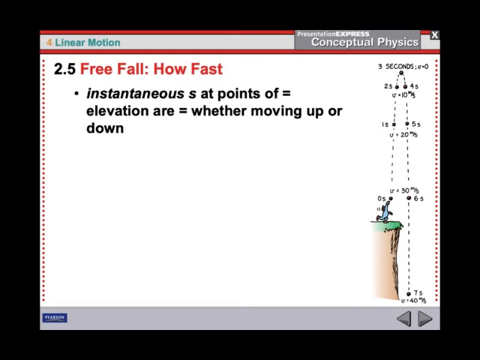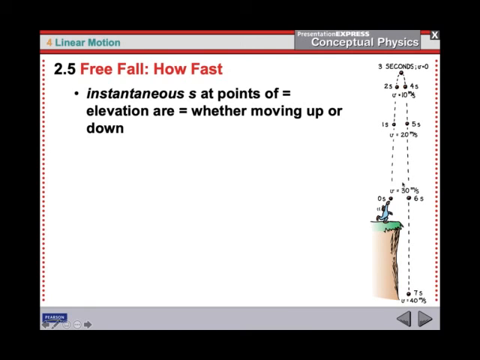So here's the interesting thing. At identical heights during the path of this cantaloupe or anything that you throw up, it's going to have identical speeds. So right here, whatever speed that you throw it with, in this case it happens to be 30 meters per second, once it goes up, stops momentarily, and then falls down again, once it gets to exactly that same height, it's going to have the same speed.